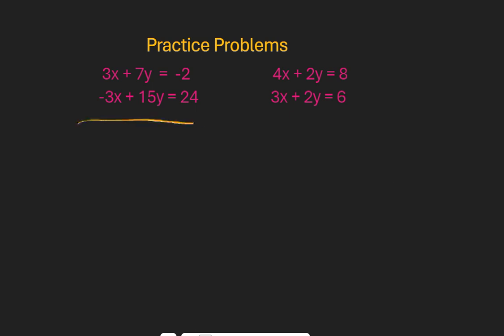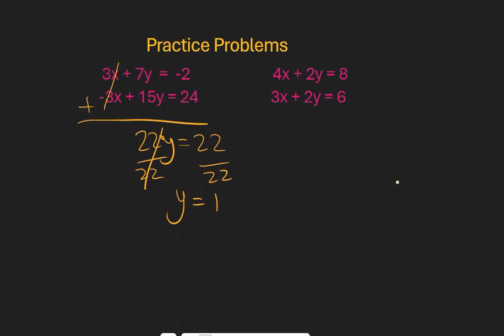I am going to just stack them and add them. 3 plus a -3, it's going to be gone. 15 plus 7 is going to give me 22y. And 24 plus -2 is going to give me 22. I'm going to divide 22 to both sides, and I'm going to get 1. Anything divided by itself except 0 is 1. Okay, I got my y.